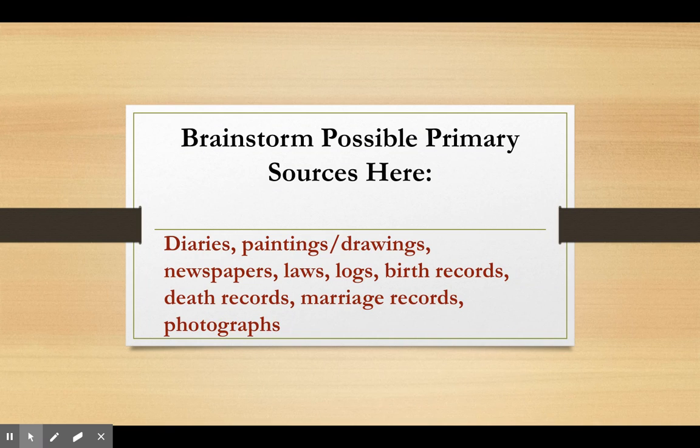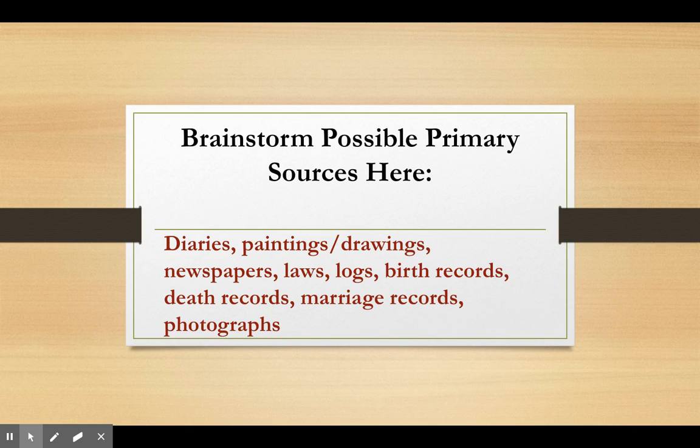Laws are always primary sources because they're written at a specific time and place for a specific society. And laws can tell you a lot about what people felt was important to them, and the roles of individuals in society at that time and place.